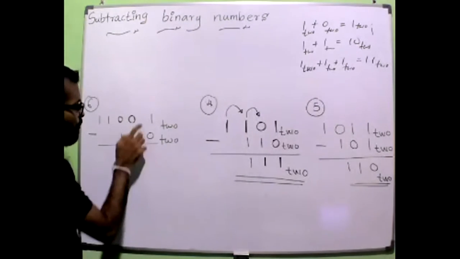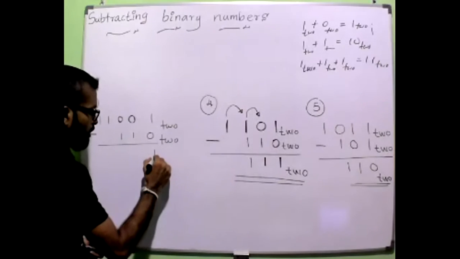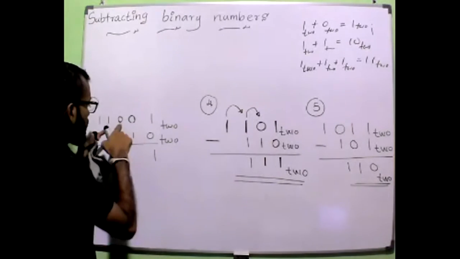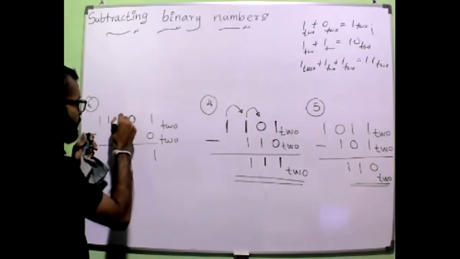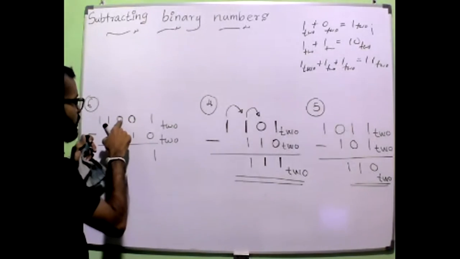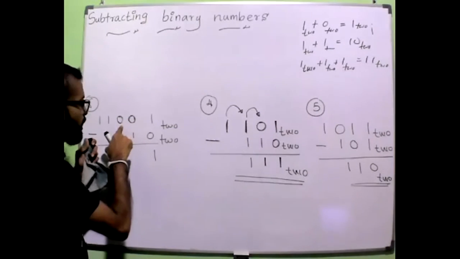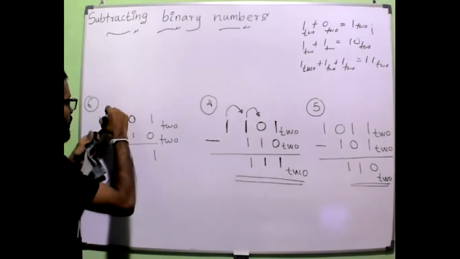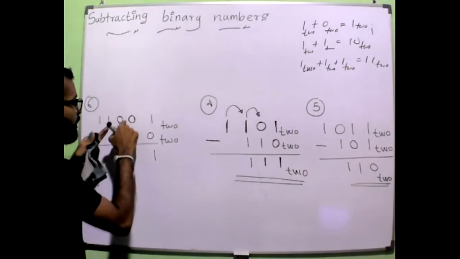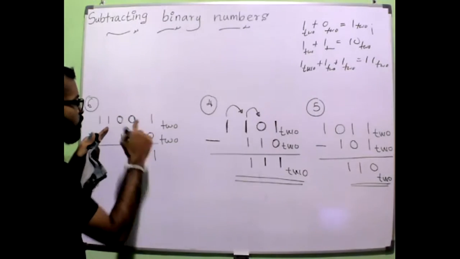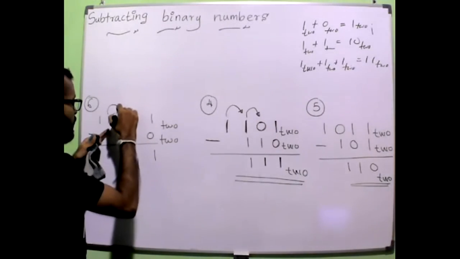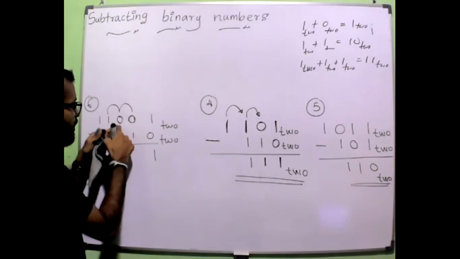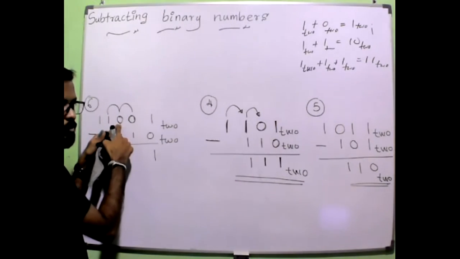Right. So here 1 minus 0, 1. Now here you have 0. 0 minus 1, you cannot do that. Let's look at the next number. It is also again 0. Can you do that? No. So here I have 1. So I will take this 1 to my right hand side. I have to go twice, here and here. When it comes to here, it becomes 2.